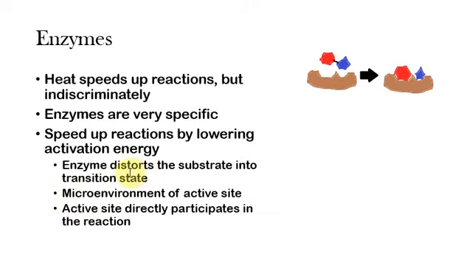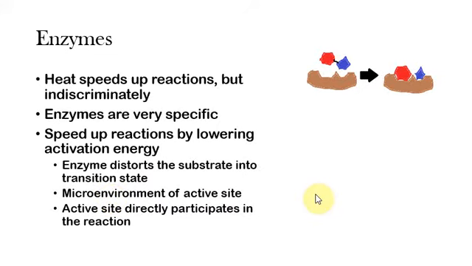The first is that it can distort the substrate into a transition state. In other words, the enzyme is shaped just so that it'll stretch certain bonds. It'll morph the shapes of the molecules just slightly in order to make it more likely to react. The second type is the microenvironment of the active site.